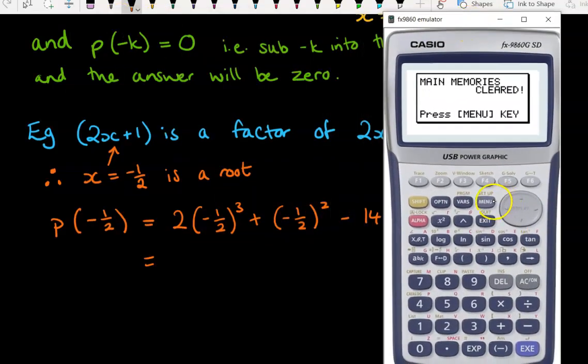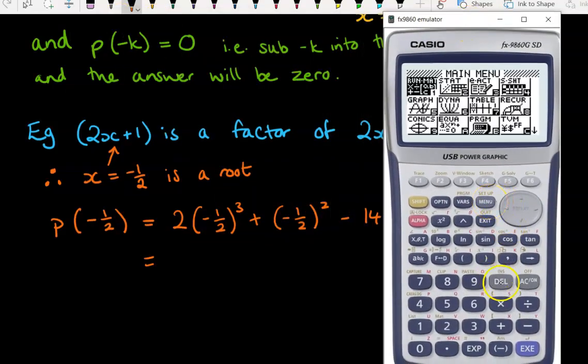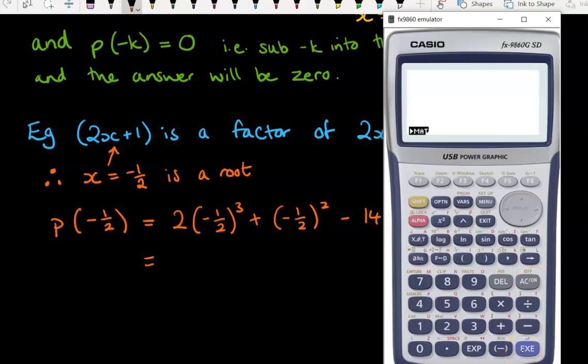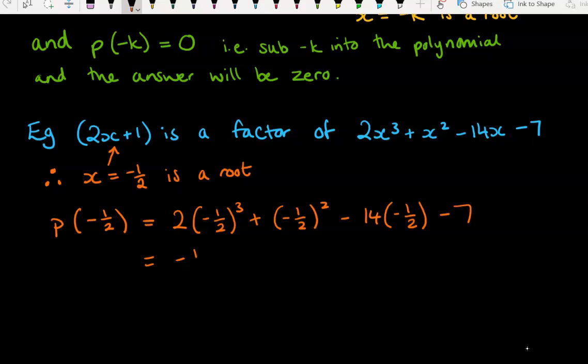So let's pop that into the calculator. 2 times minus a half cubed gives us minus a quarter. And then minus a half squared is a quarter, so that's going to be a quarter. Minus 14 times minus a half is going to be a plus 7. Minus 7, and now you can see that all cancels out to 0.